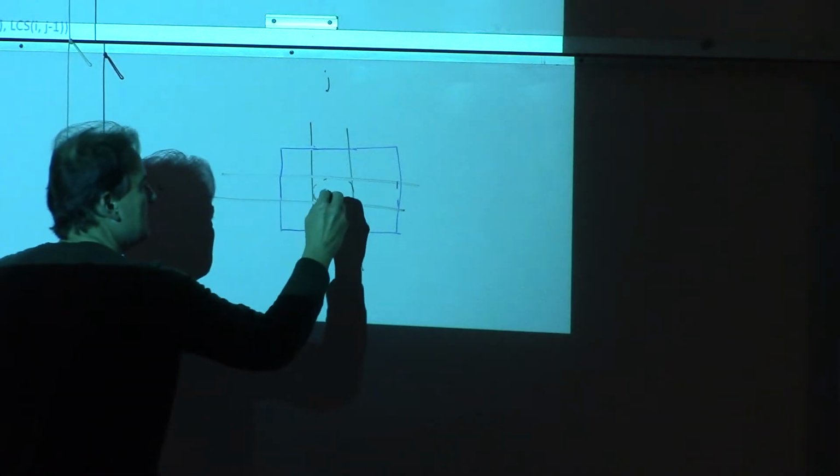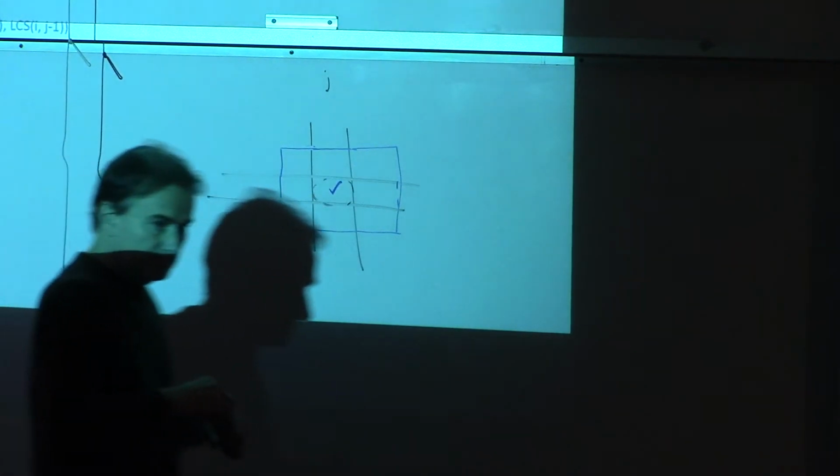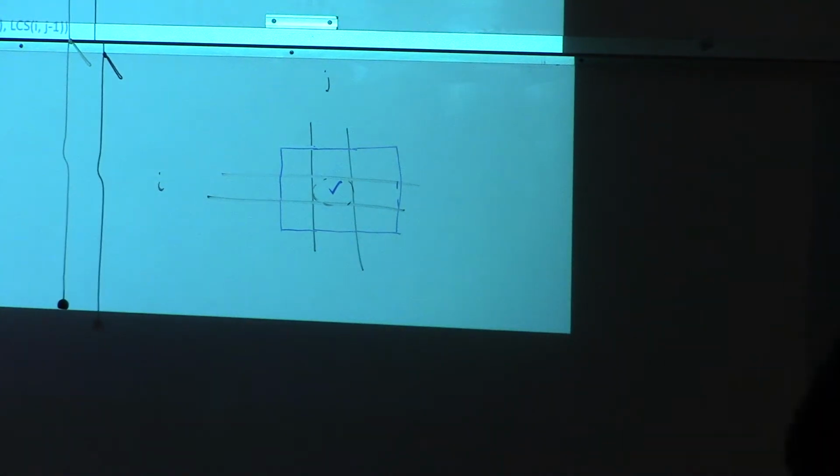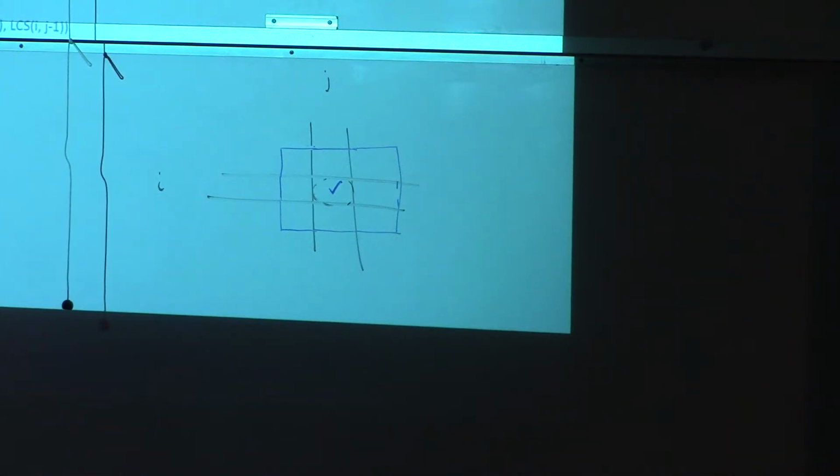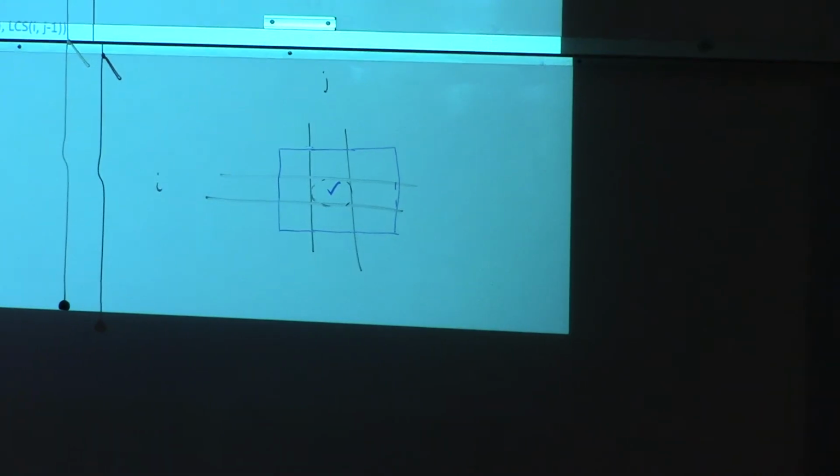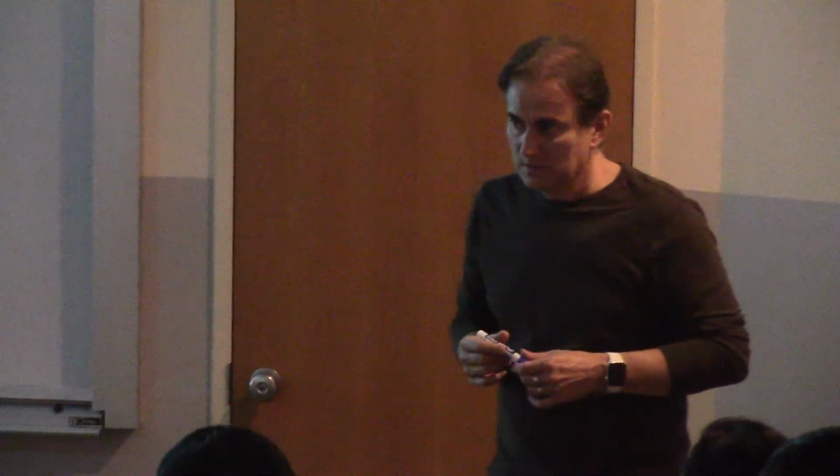Now, let's say this is a match. So that means that character i in x and character j in y match. But I'm not at the beginning, they're not necessarily the first characters. So that means that this match is going to add 1 to the LCS that we've gotten so far. And since this is character i and j, I'm going to add it to the maximum value that I got in what positions? Yeah.